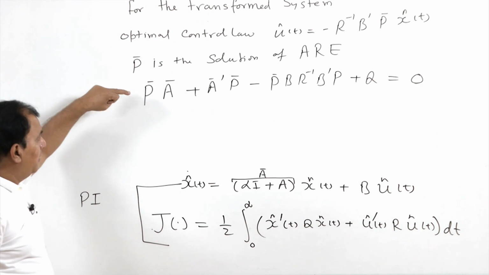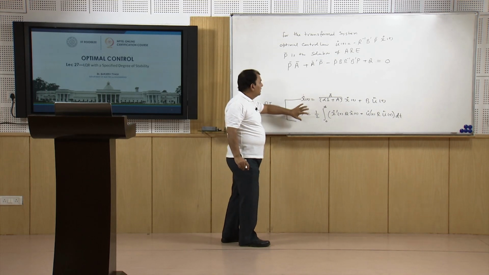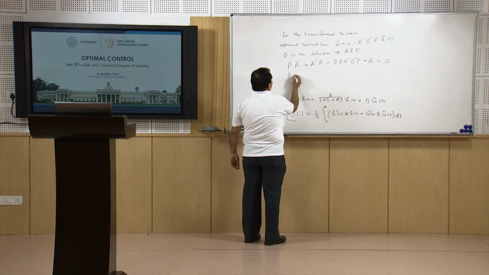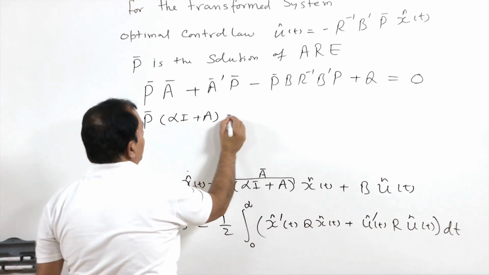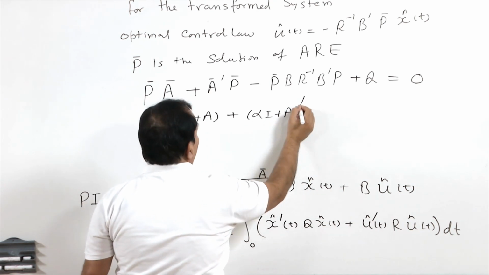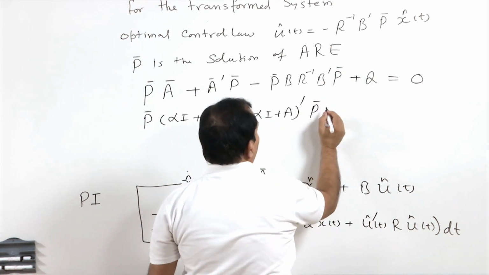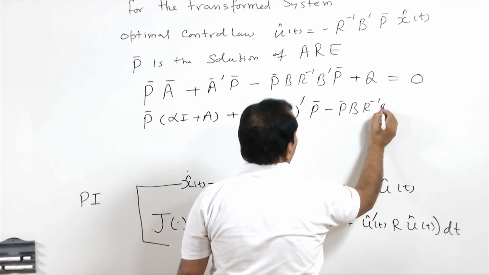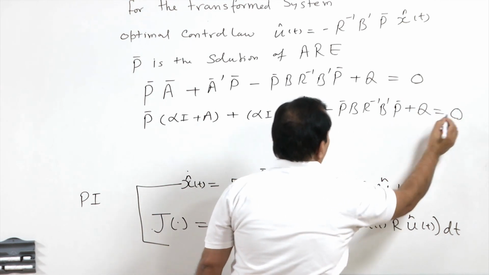So, this is my algebraic Riccati equation for my transformed system, and in this A bar is alpha I plus A. So, P bar is the solution of alpha I plus A prime P bar plus P bar alpha I plus A minus P bar B R inverse B prime P bar plus Q equal to 0.